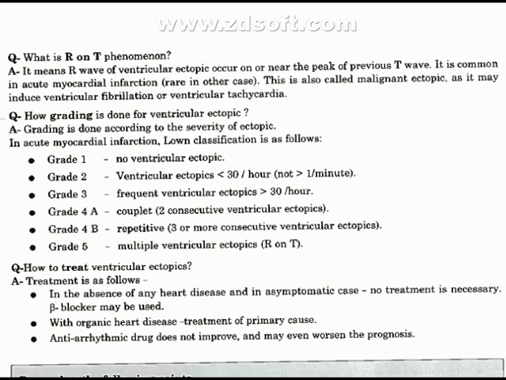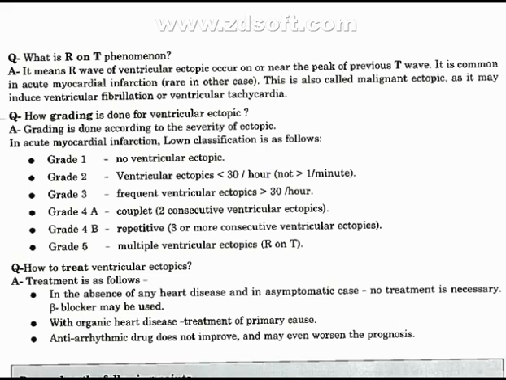In acute myocardial infarction, the Lown classification is as follows: grade 1, no ventricular ectopics; grade 2, ventricular ectopics less than 30 per hour, not more than 1 per minute; grade 3, frequent ventricular ectopics, more than 30 per hour; grade 4A, couplet, 2 consecutive ventricular ectopics; grade 4B, repetitive, 3 or more consecutive ventricular ectopics; grade 5, multiple ventricular ectopics or R on T.